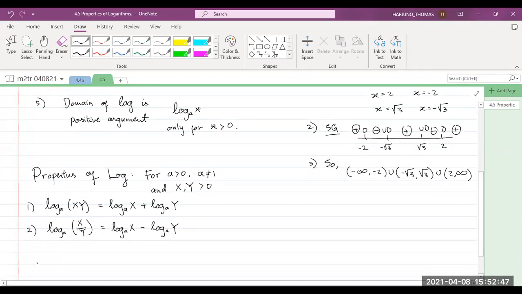And the third property will be log base a of x to the b equals b times log base a of x.